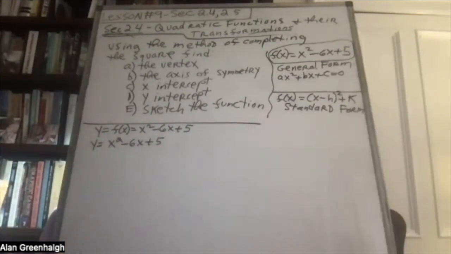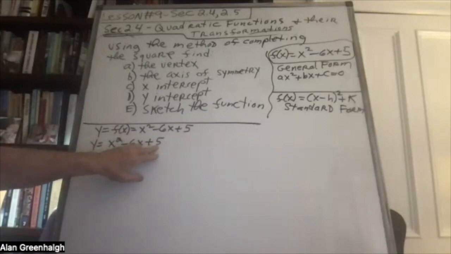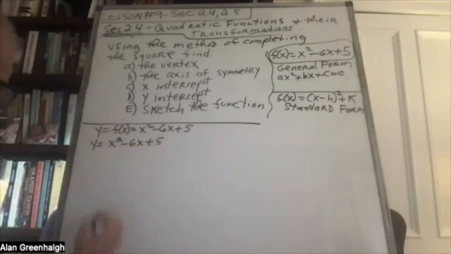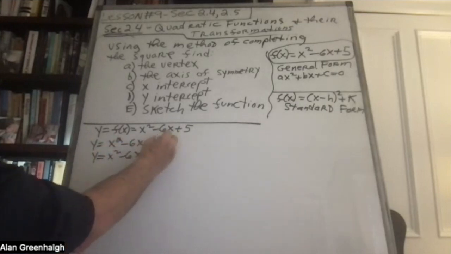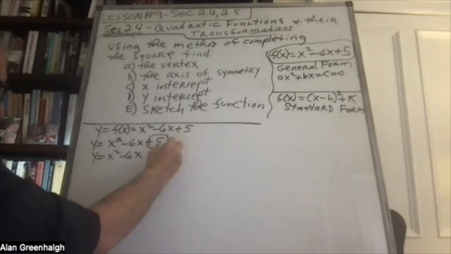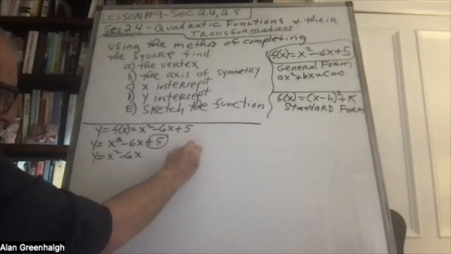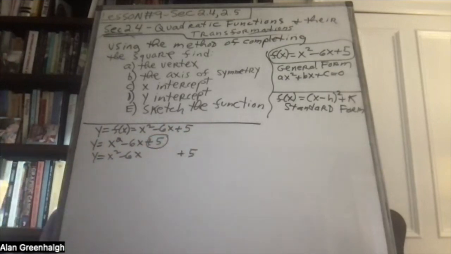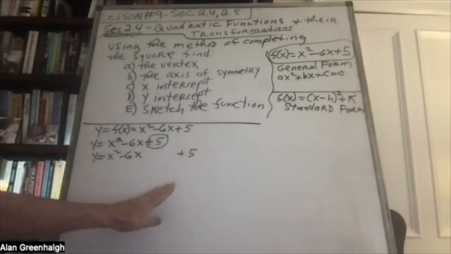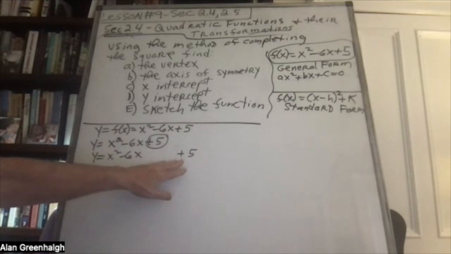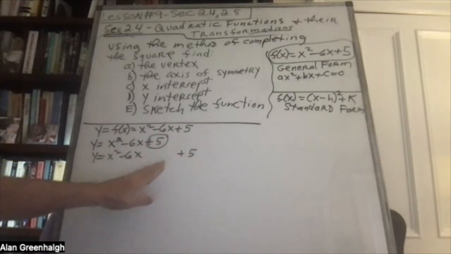Okay, here we are. So once again, the first step is to take that 5 and push it to the side. So we take x squared minus 6x, and this 5 will be moved over like that. It's not out of the problem, because obviously we're going to use it very soon, but it's kind of away from everything while we do completing the square.